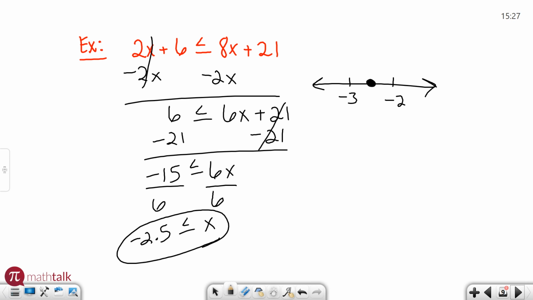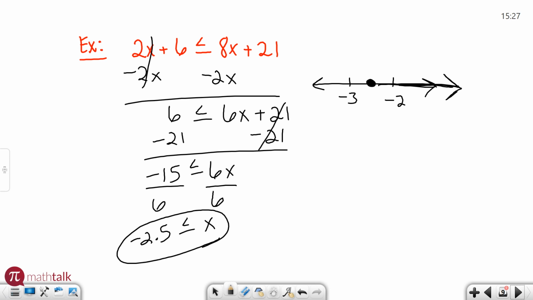It's a closed circle because my inequality is greater than or equal to, and that involves closed circles. Numbers that are greater than or equal to are to the right, so I'm going to shade over to the right. And this is my solution on a number line.